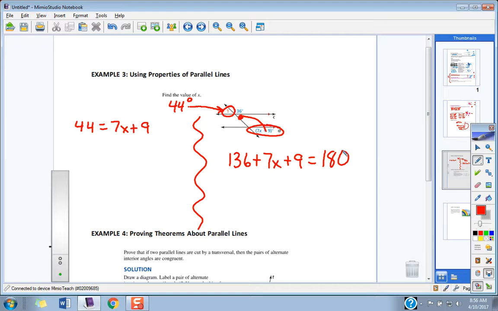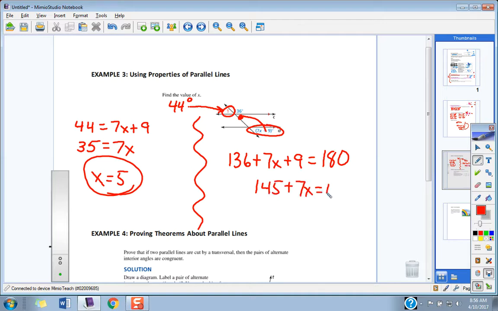What's 44 minus 9, kids? So that makes your x value 5 right here. I was right too. I want to show you this right here. What's 136 and 9 add up to? Well, it's 145. Watch what happens here, kids.